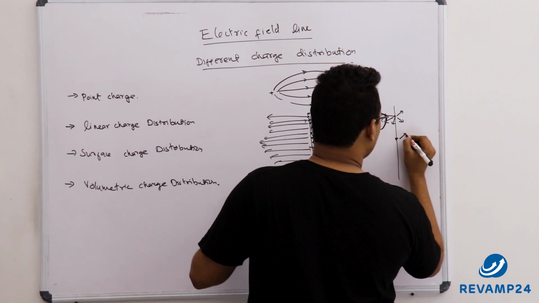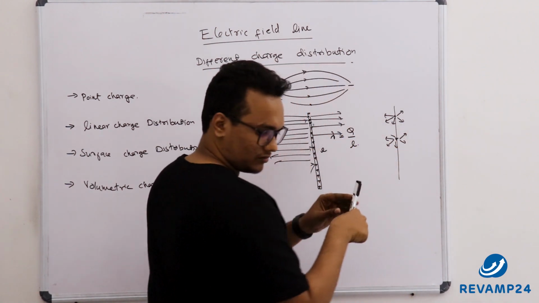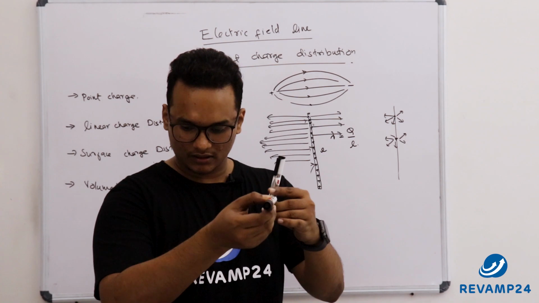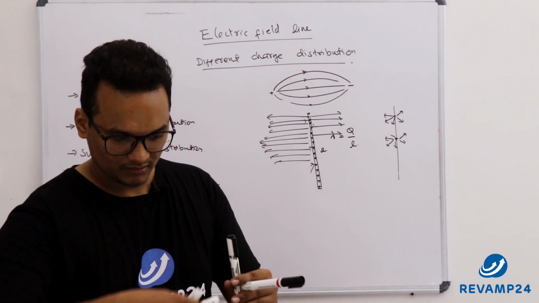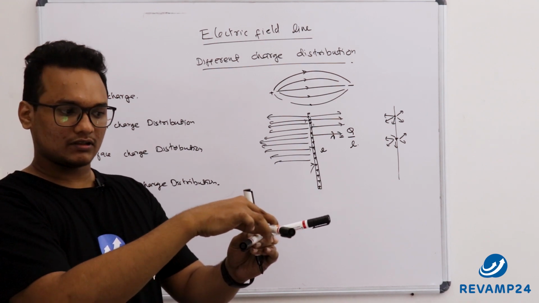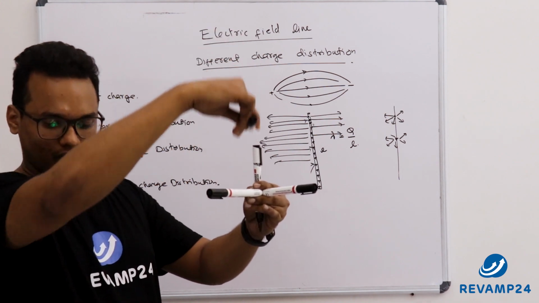Here we have a charge three-dimensionally outward. It's three-dimensional, okay. So if this is the distribution, then this is the representation. See, radially outward. Will this intersect with this? No. Similarly, we have above and below.